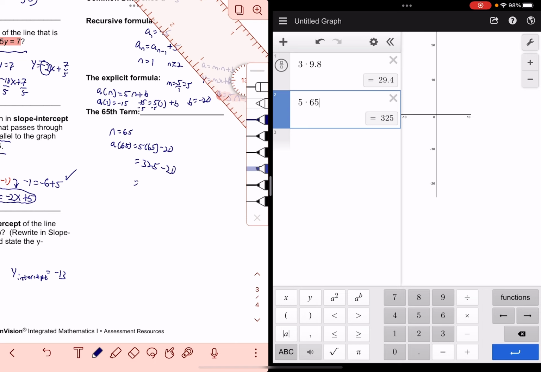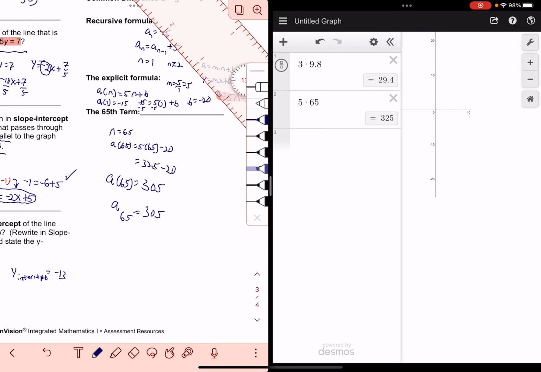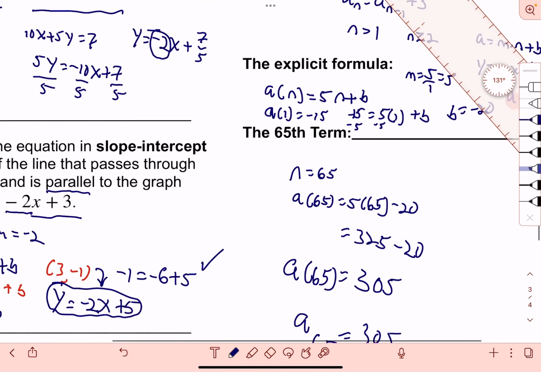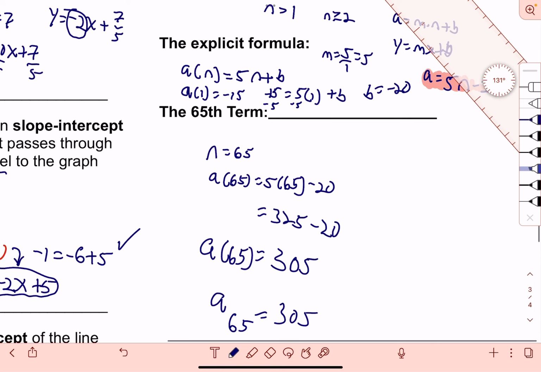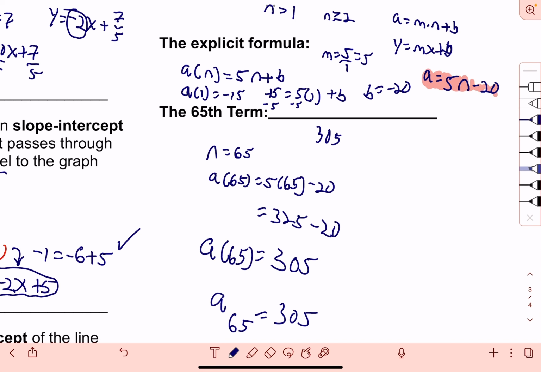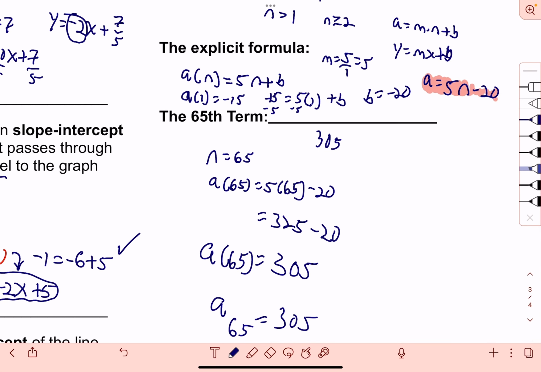Minus 20 is 305. So you could also write a sub 65 is 305. There's the explicit formula, there's the 65th term, and that's pretty much how you do this.